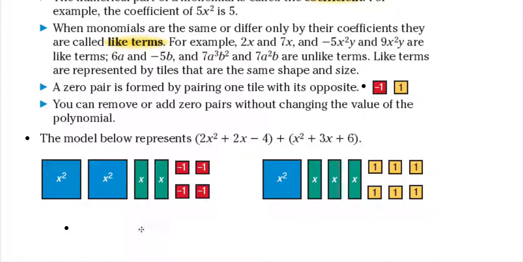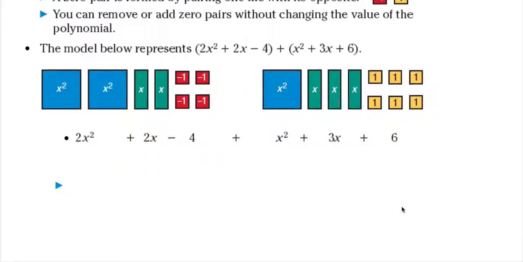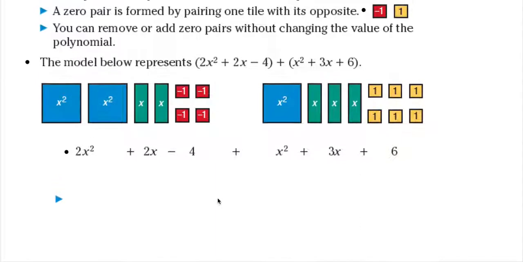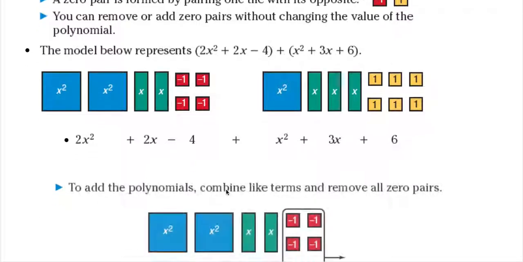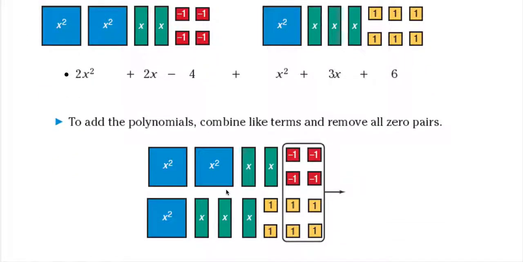And it goes with the same 1 x squared tile, 3x plus 6. Now look at this very carefully, because once we start adding this, we can combine our algebra tiles and have something like this.